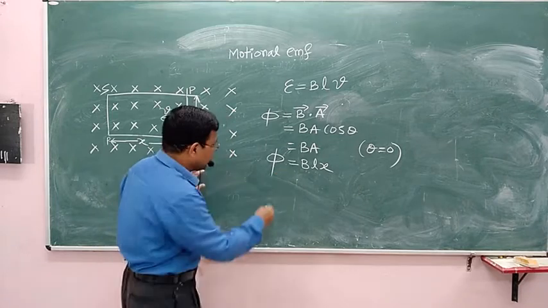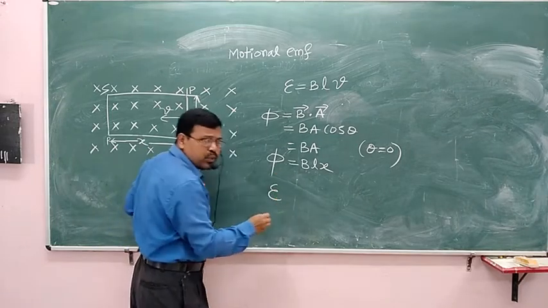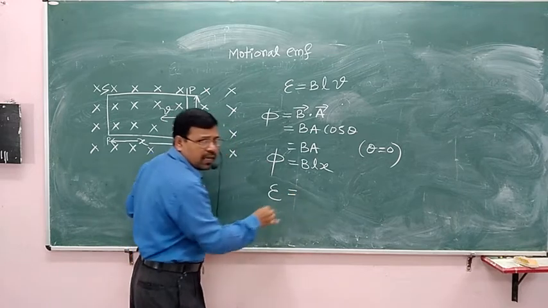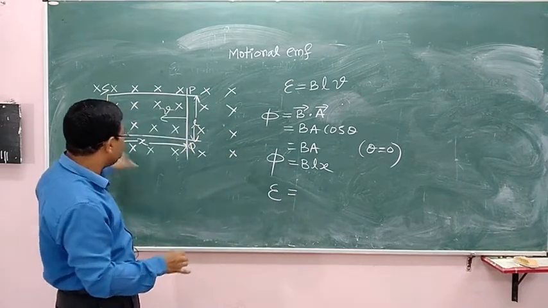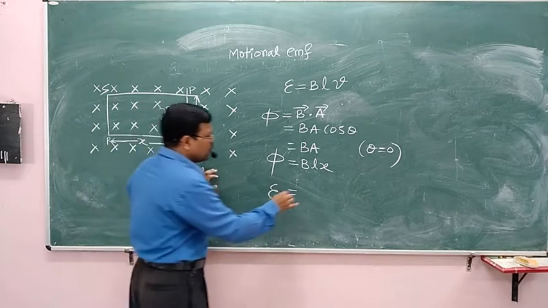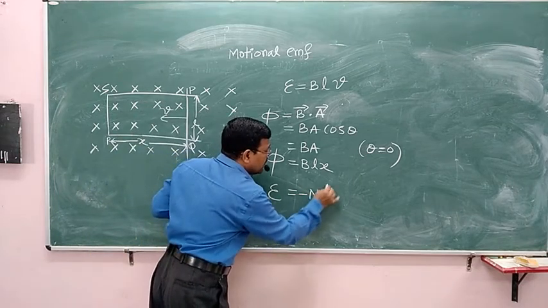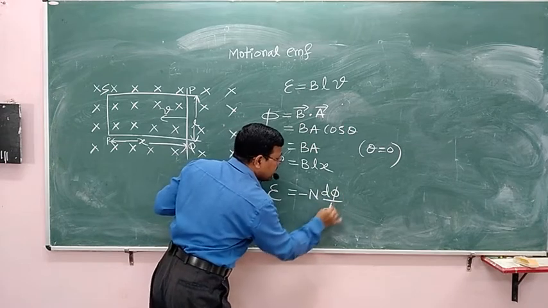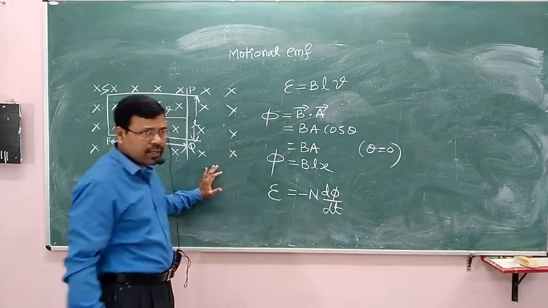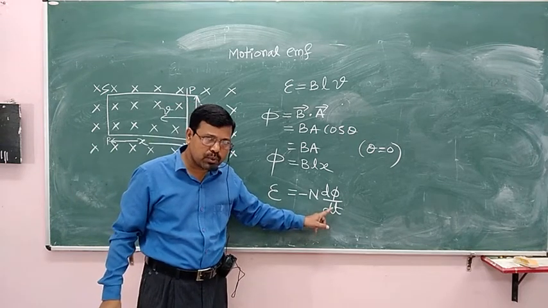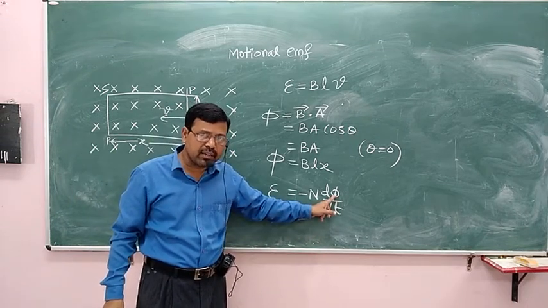He says that the induced EMF in a coil is equal to minus N into d phi by dt. Induced EMF in a coil is directly proportional to the rate of change of magnetic flux.